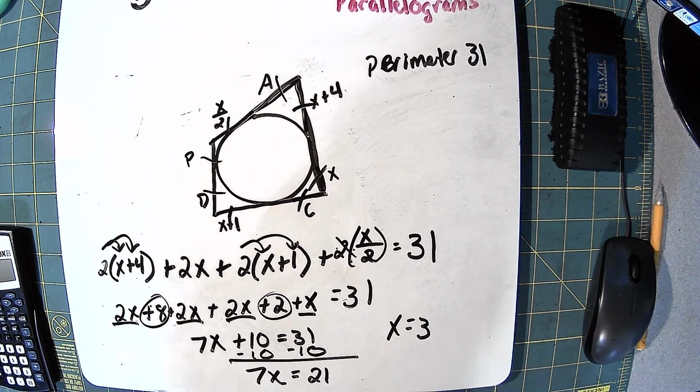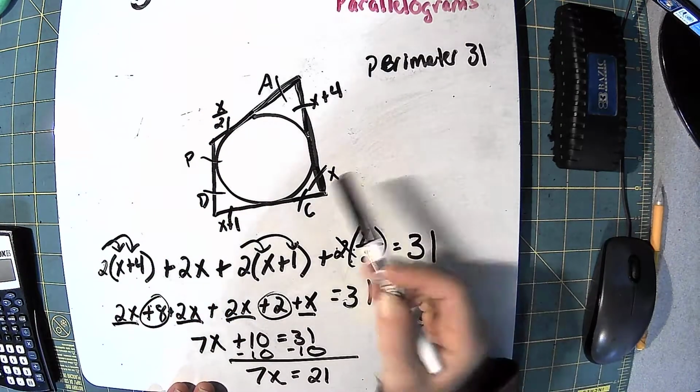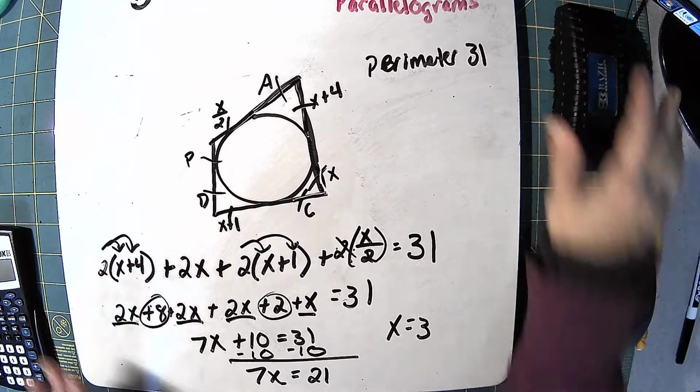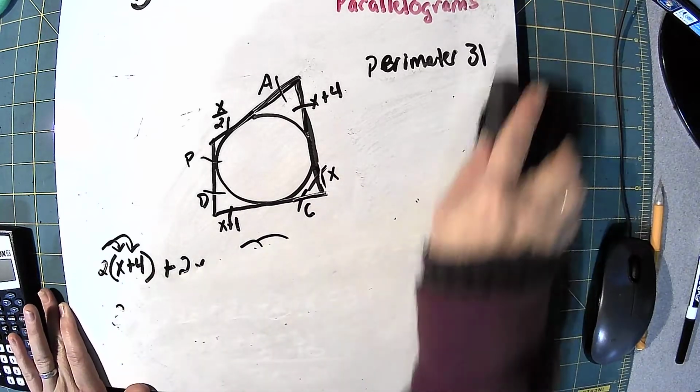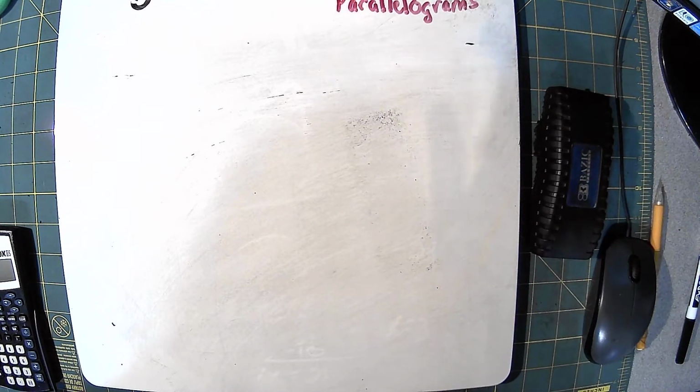So that's how you get that one. That one looks confusing at first because of all this A, B, C, D, P, and all that, but you just have to remember that this and this are equal, and then you can just double them up when you're adding it all up. And that was number 7 on lesson 36.